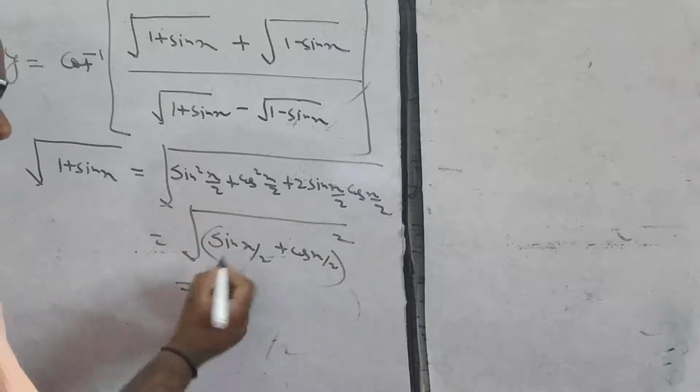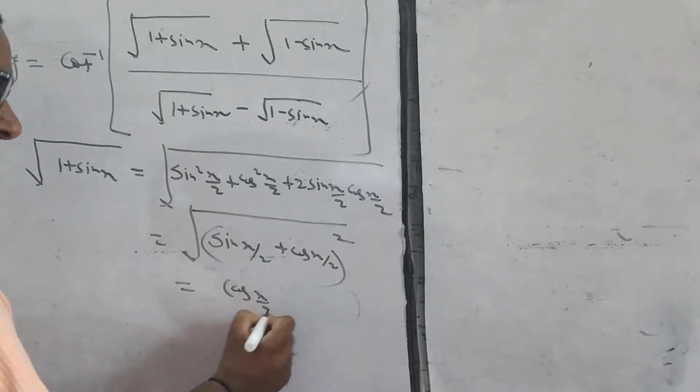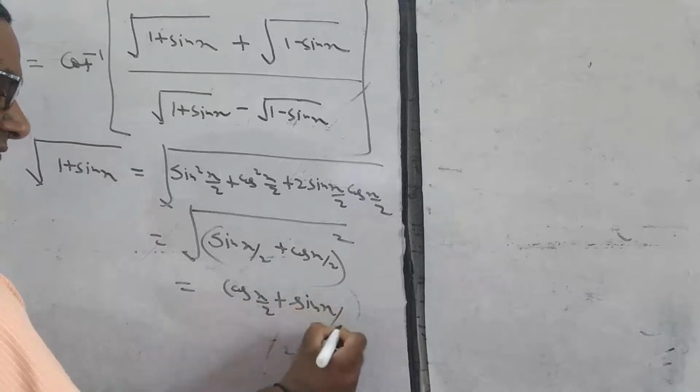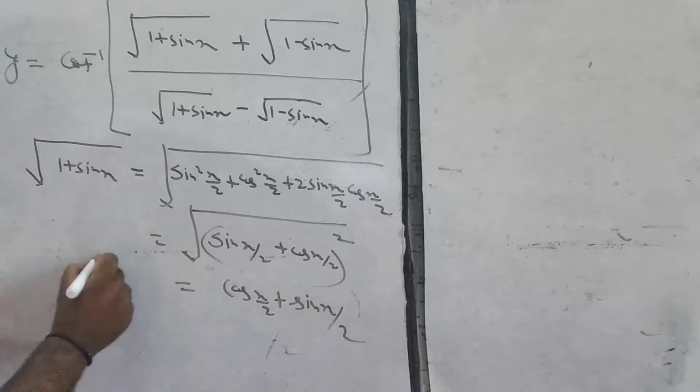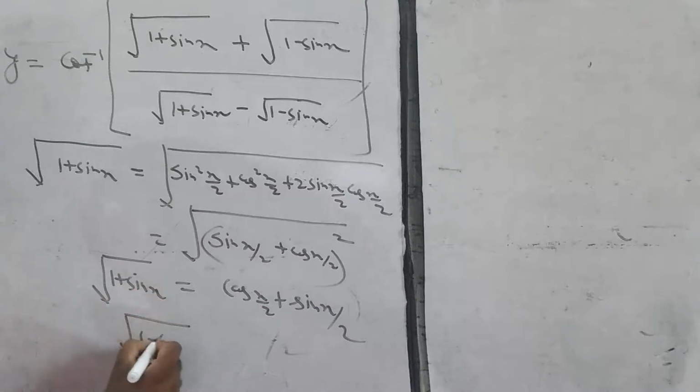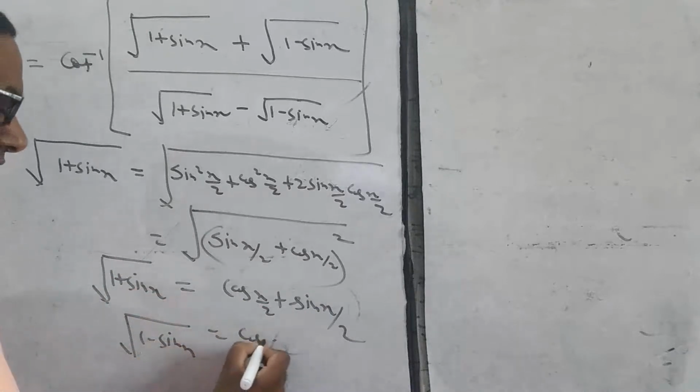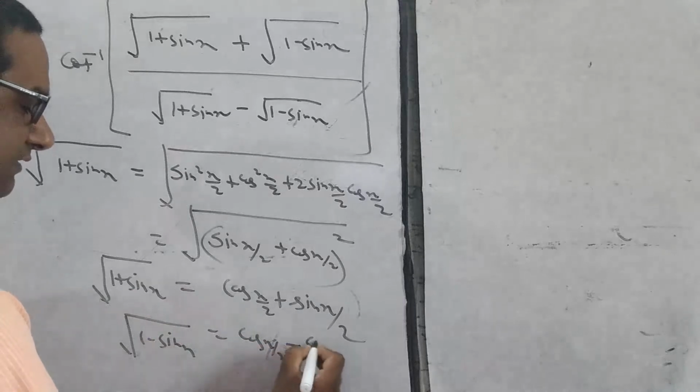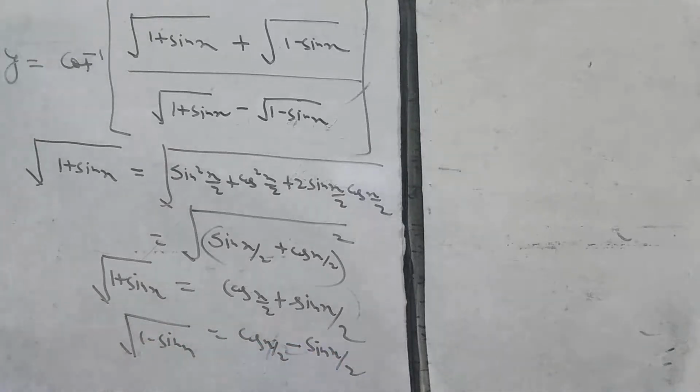Now under root of this is cos x by 2 plus sin x by 2. This is the value of root 1 plus sin x. Similarly, the value of root 1 minus sin x is cos x by 2 minus sin x by 2.